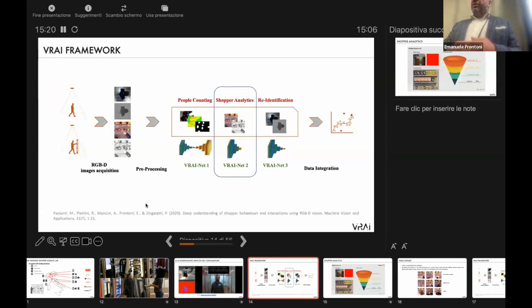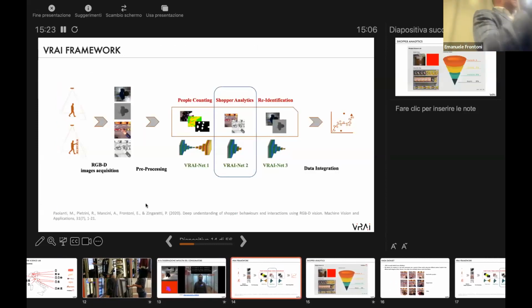Now, going on the technical side, over the different years we decided on this kind of framework that we call VRINet, and we published a lot of papers on it. You can find a full vision of it in a quite recent paper in Machine Vision and Applications. The approaches that you see there are quite old in terms of novelty, but at the time they were very nice and interesting.